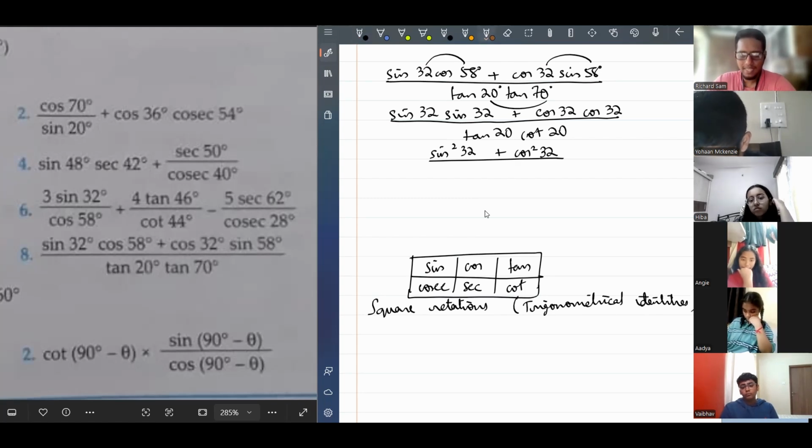Now in this, sine and cos are related. Tan and sec are related. And cosec and cot are related.